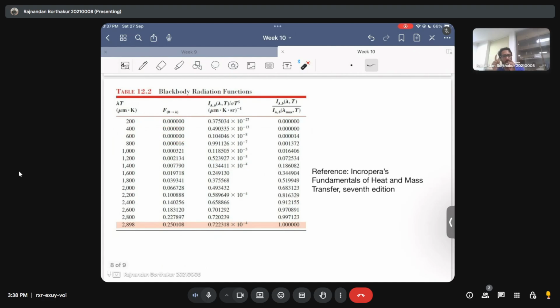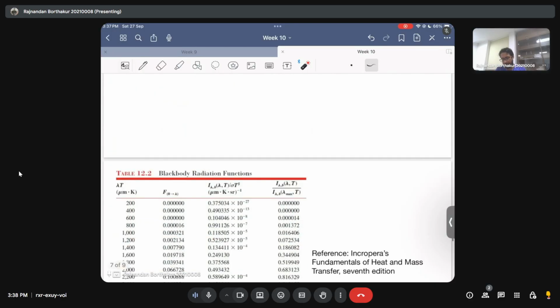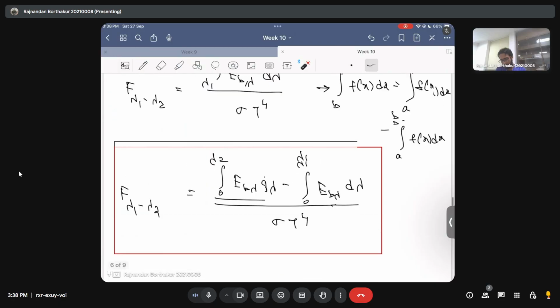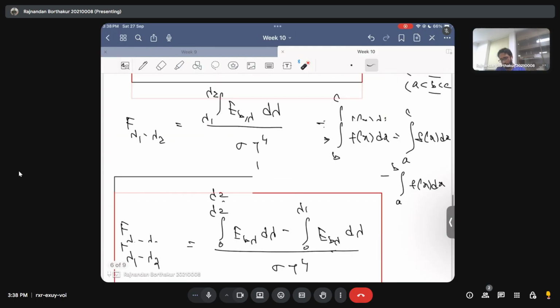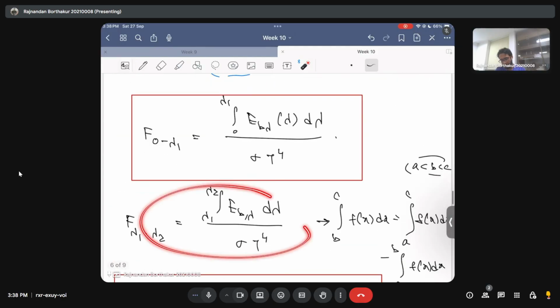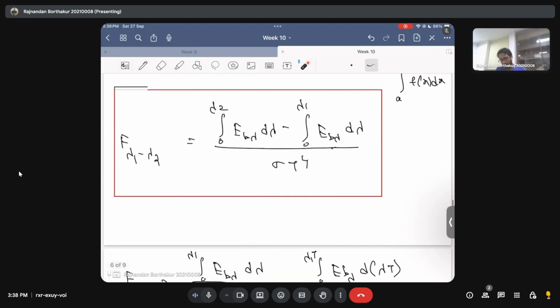And this band emission function is known from 0 to lambda, and that's the reason why we establish everything from 0 to lambda i, rather than from lambda i to lambda j. That's why we have written this form as a function of these two integrals.